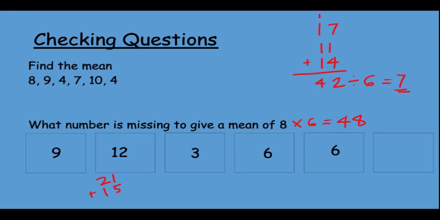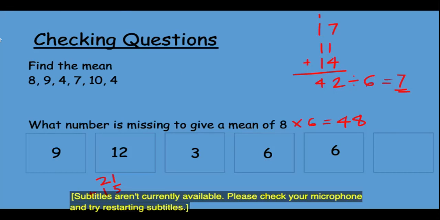So 48 take away 36 is 12. So 12 is my missing number.